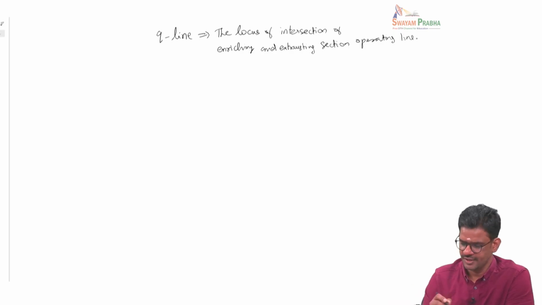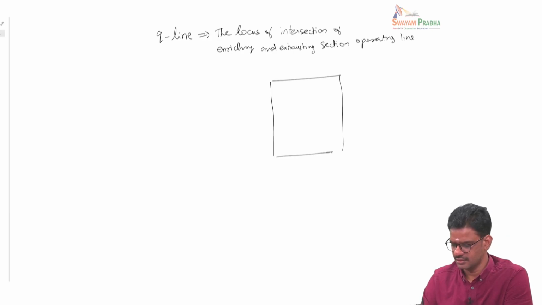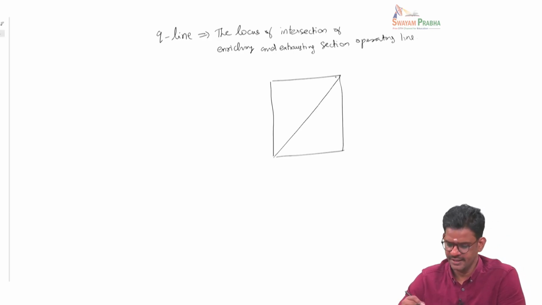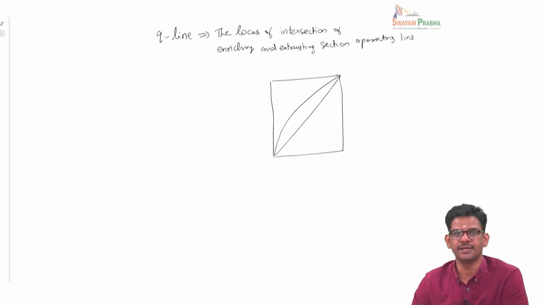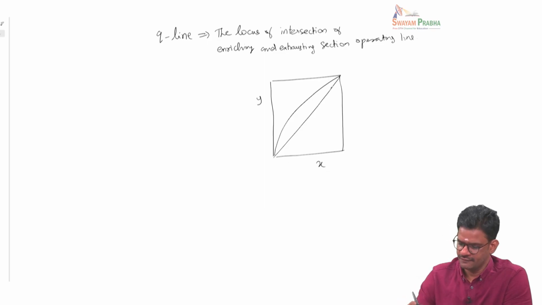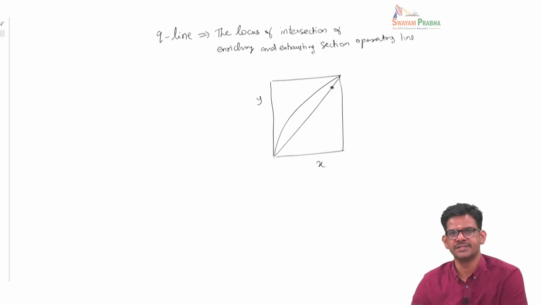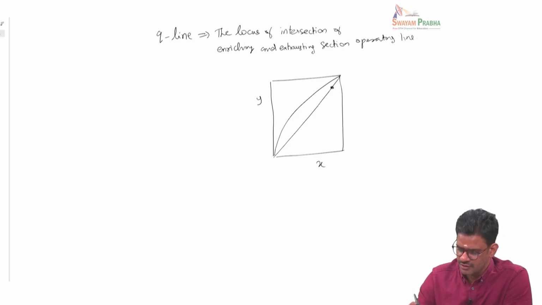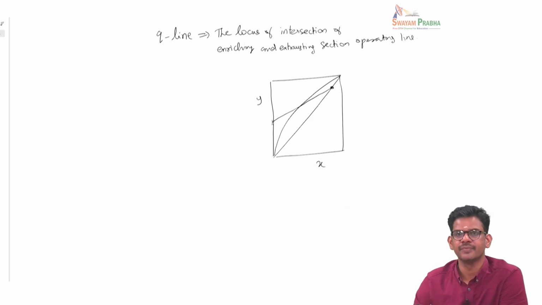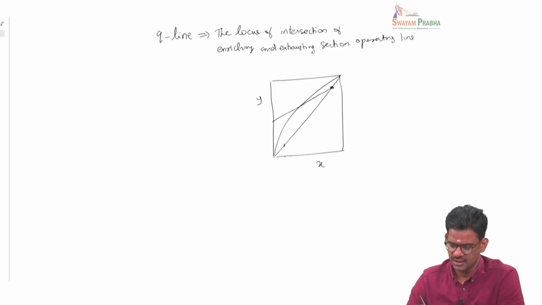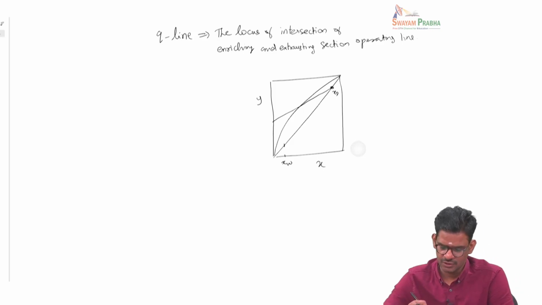Okay, so if I have to show this schematically, this is the 45-degree line, and this is your equilibrium line. Y is here, X is here, and for a given distillate composition XD, we can draw the operating line for the enriching section. Similarly, for a given residue composition XW, we can draw the exhausting section operating line.